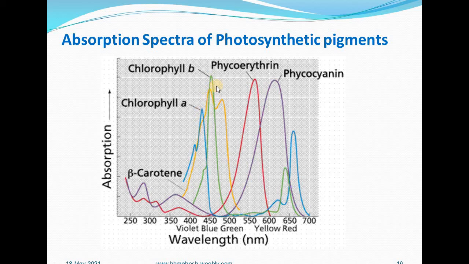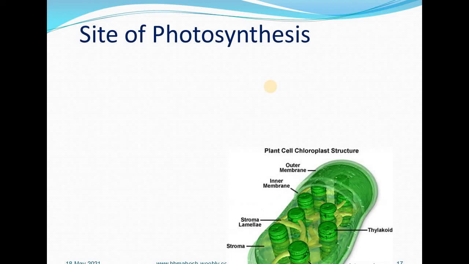Chlorophyll B absorbs around 455. Phycoerythrin is around 560. Phycocyanin around 625 or 620 and so on. This slide shows the maximum absorption points of different photosynthetic pigments.